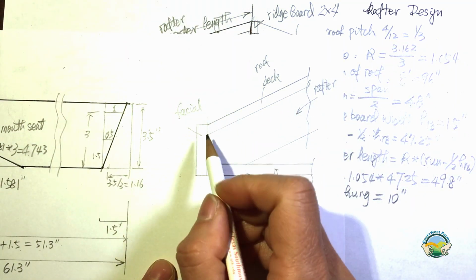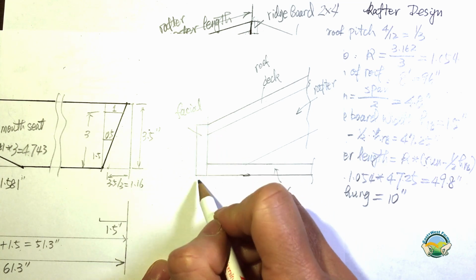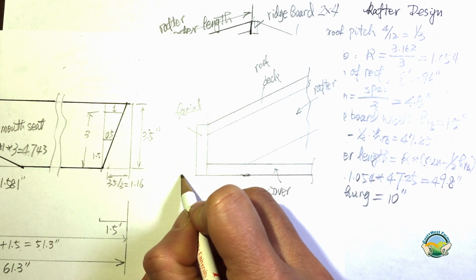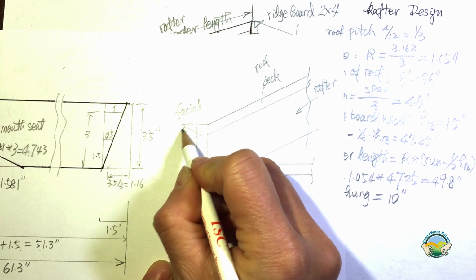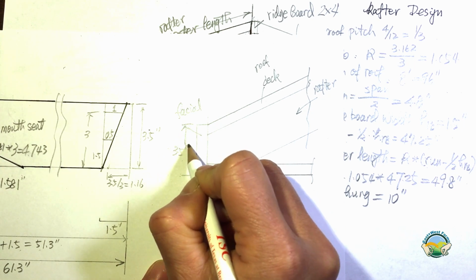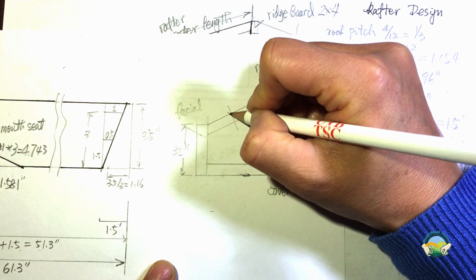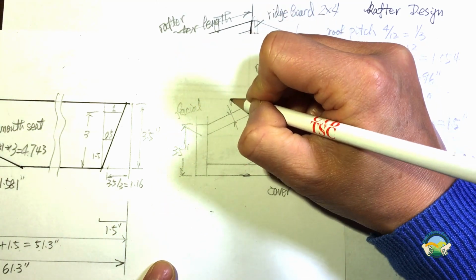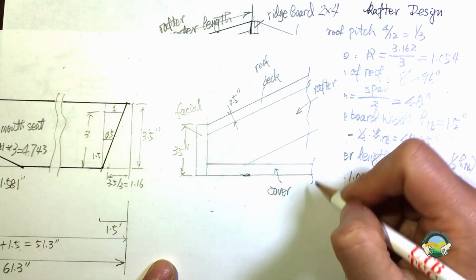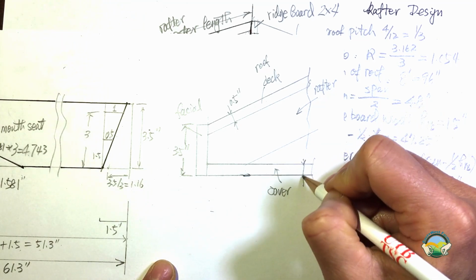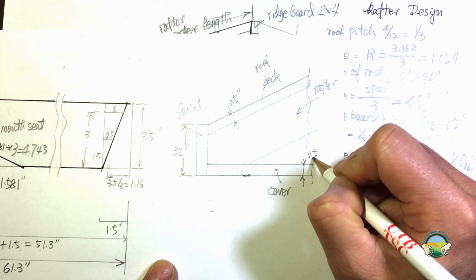Assume I have a 2x4 or 1x4 for the fascia, so I can assume that height is 3.5 inches. And the deck board thickness is assumed to be 0.5 inches. The same thing with the cover board, which is 0.5 inches.